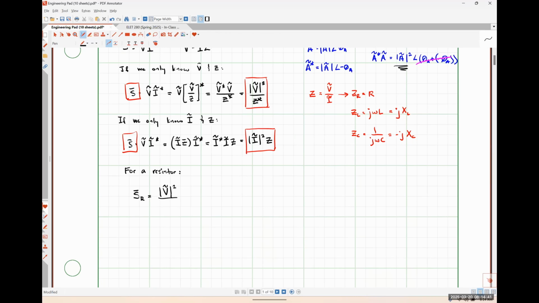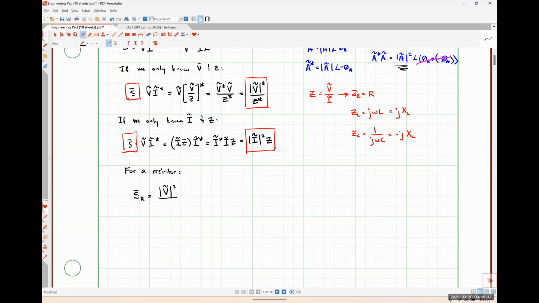If a resistor in rectangular form has an impedance of R plus j0, what would the conjugate of that impedance be? It would be R minus j0, which is still just R. Because a resistor is purely real, the conjugate is the same thing as the non-conjugate.